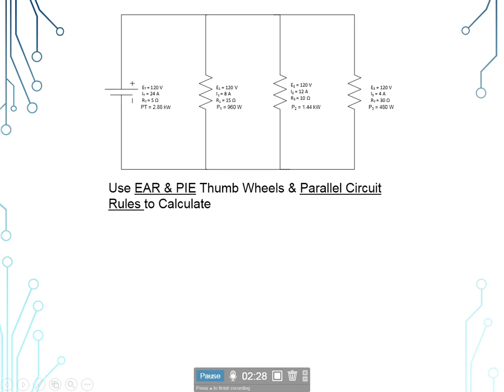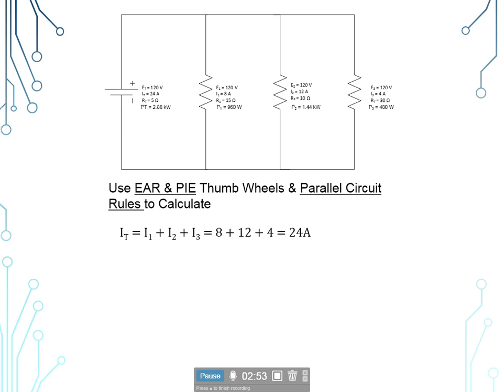We'll be using the Ohm's law and pie thumb wheels we discussed in part 2, and then the parallel circuit rules that you just viewed. So in a parallel circuit, it's a little bit opposite from what the series is on some of our rules. In a parallel circuit, the total current is the sum of the individual branch currents.